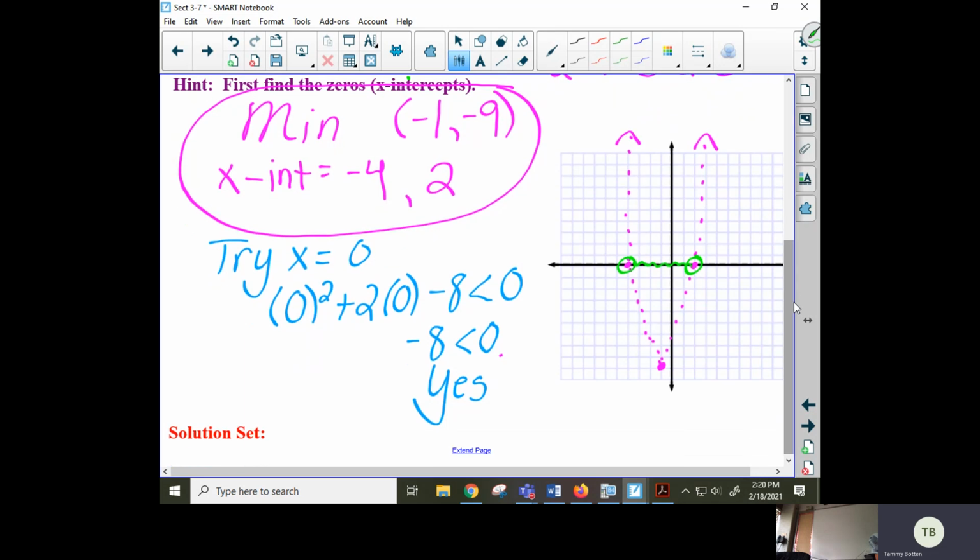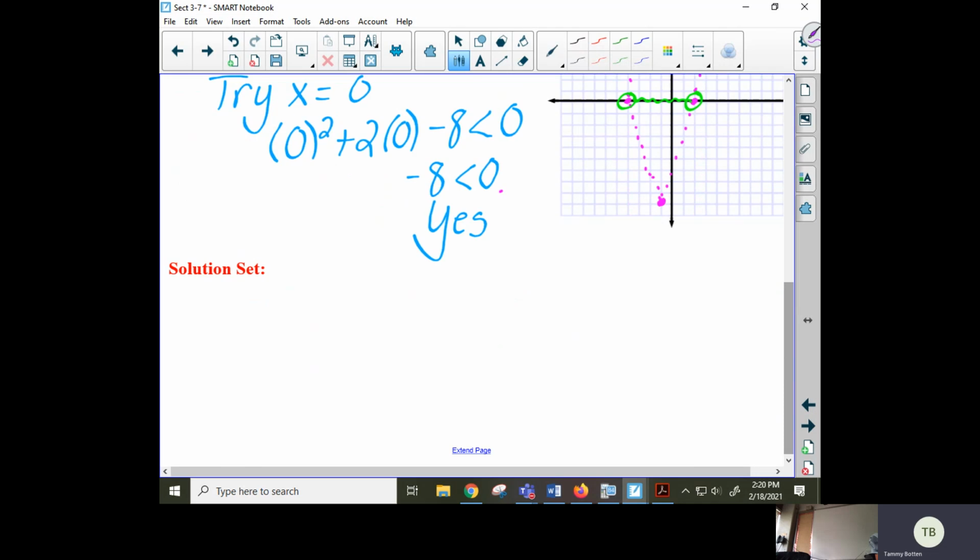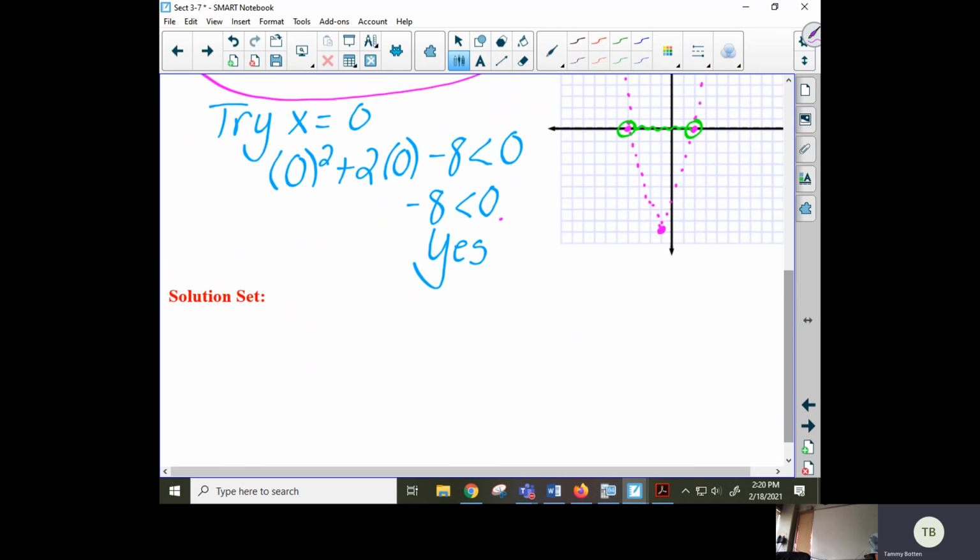So now, what they ask you for is to write your solution set. What that is, what x's does this work for? And what it works for is our x's between -4 and 2. So this is how you write it. -4 and 2, you always put your smaller one here, bigger one here. X in the middle. Your signs are always less than.